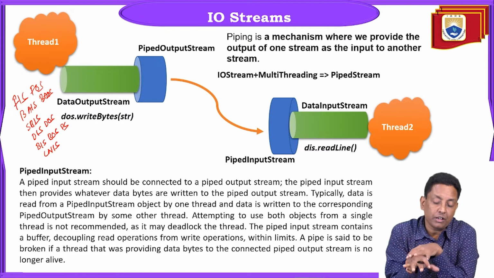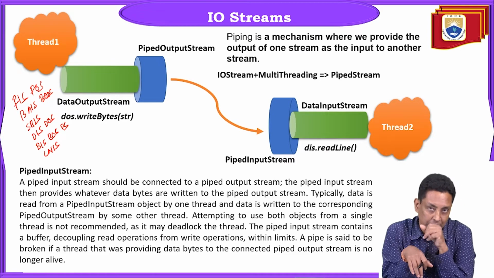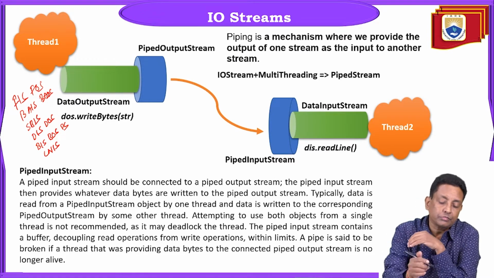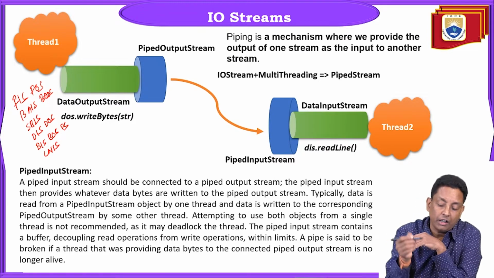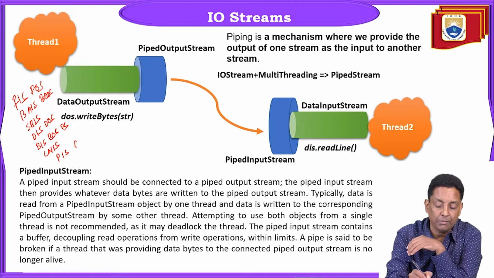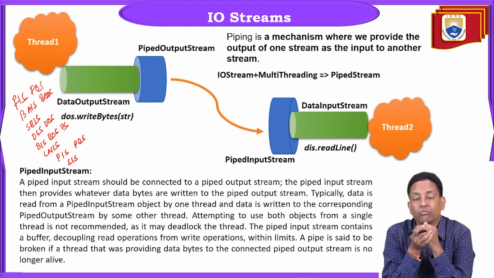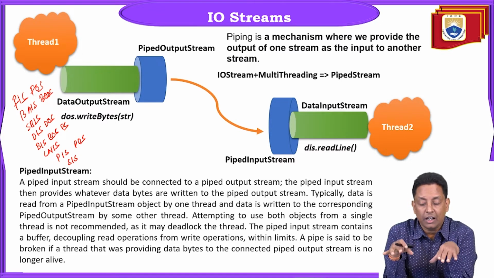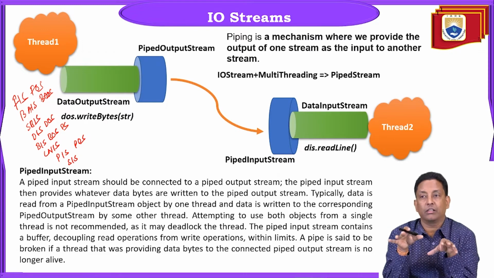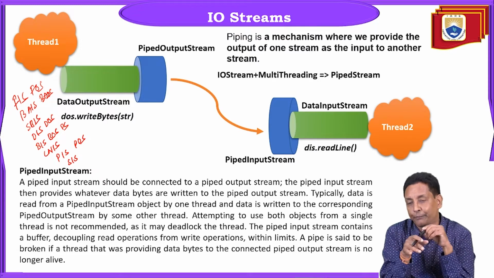So far we covered these many classes. And now currently we are discussing piped input stream, piped output stream, sequence input stream. These are the IO classes we often use in Java programming.